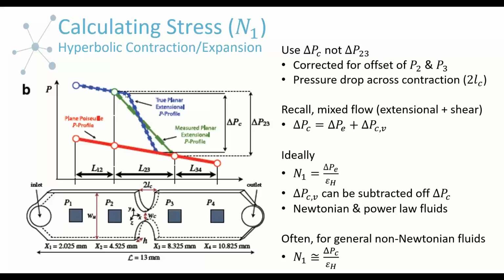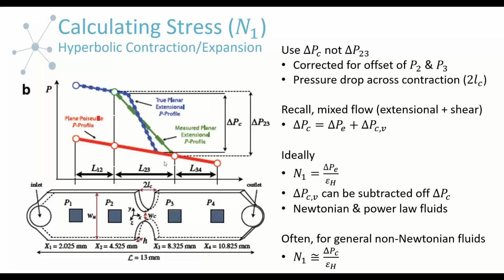So we have to do a little bit of an extrapolation to get the pressure drop that we really want for our calculation. We really want the pressure drop that occurs just over this contraction expansion. To do that, we basically take the drop between sensors 2 and 3 and do a small extrapolation to get the pressure drop that comes across the contraction.